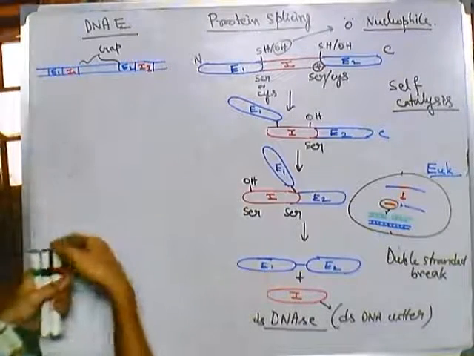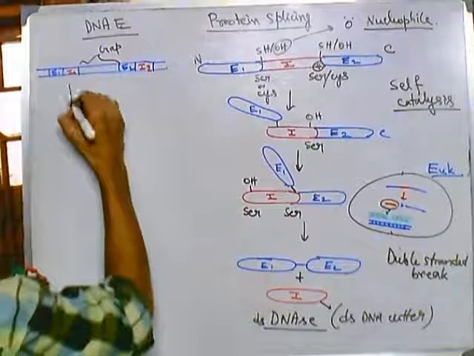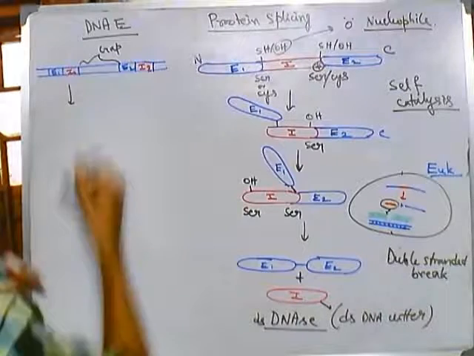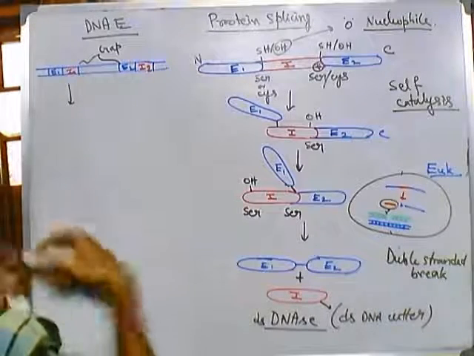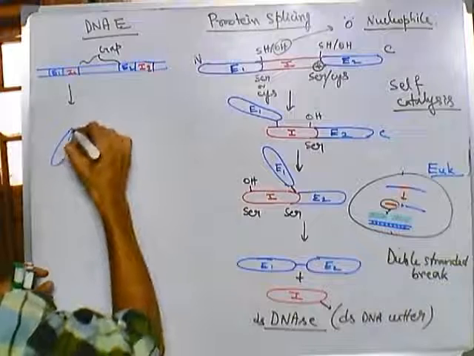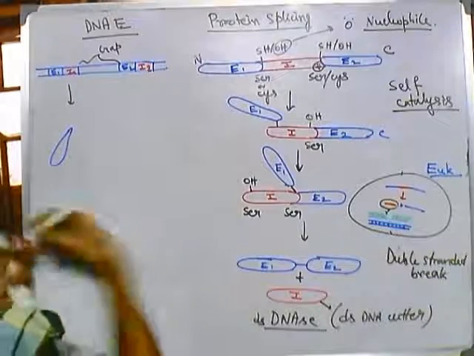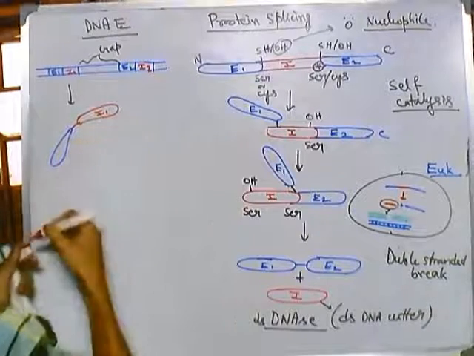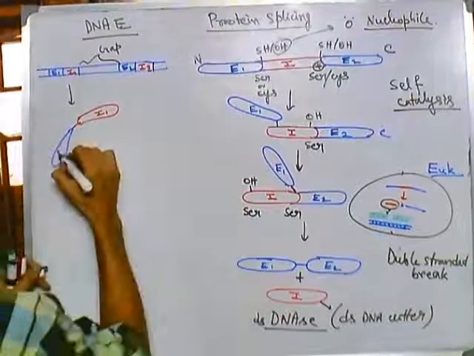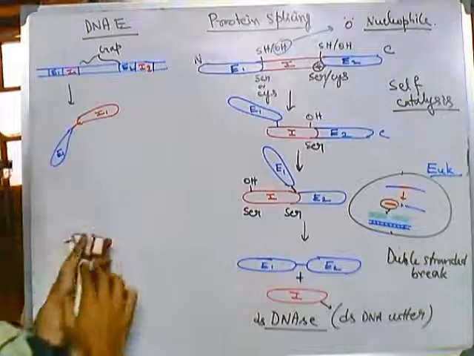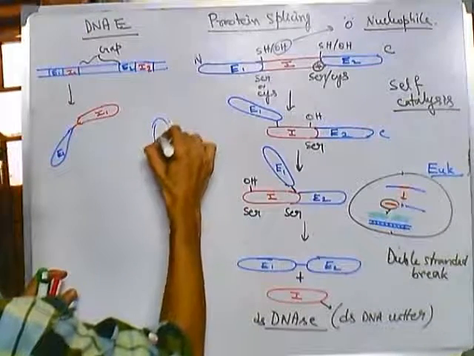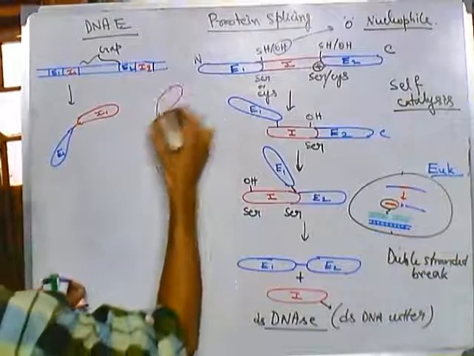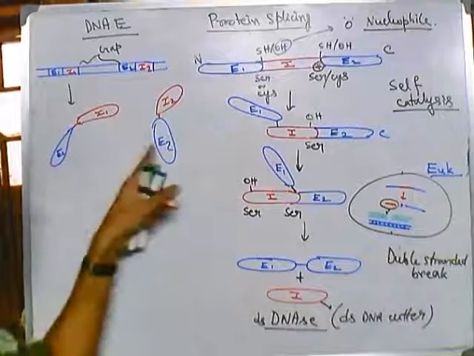They get the protein having intein and extein 1, and they also prepare extein 2 and intein 2 separately. So get both these things together.